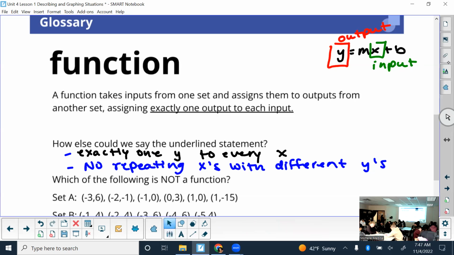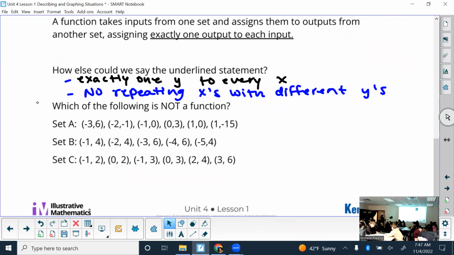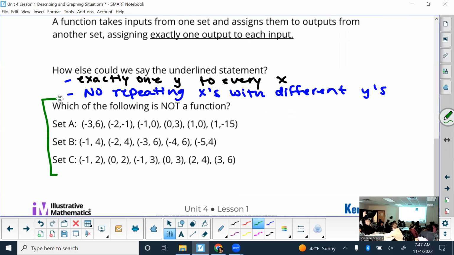All right, so in this example, and I don't know if it's on your paper at all, but you can just look on the screen. Don't yell out the answer. So which of these sets would not be a function then? Think about it, look at it. A little bit longer.